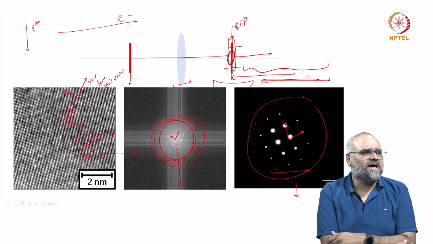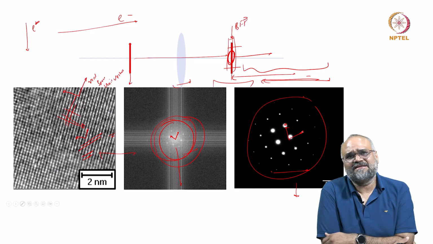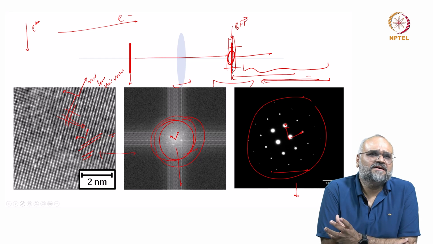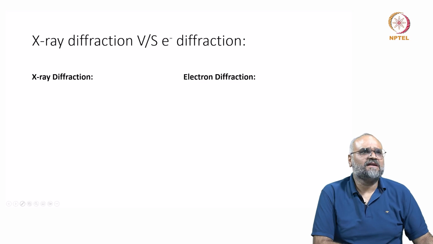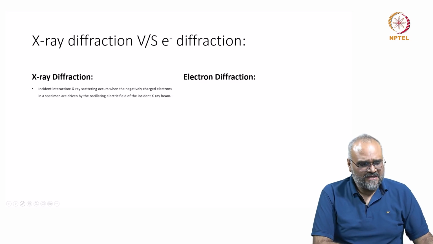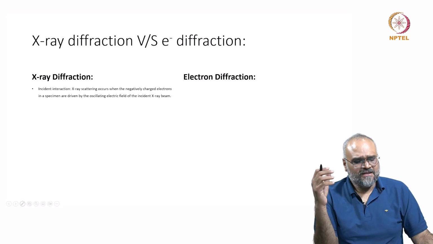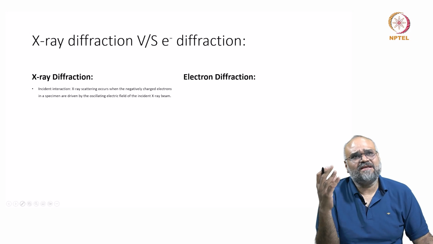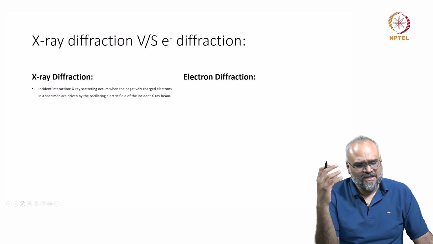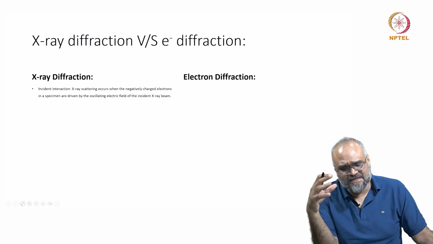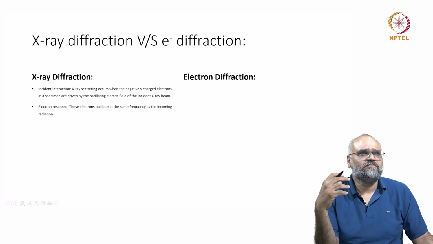Let us draw some parallels between electron and X-ray diffraction and understand how these are slightly different from each other. If I compare X-ray versus electron diffraction, in X-ray diffraction, the X-ray scattering occurs when the negatively charged electrons within the specimen are driven by the oscillating field of the incident X-ray.